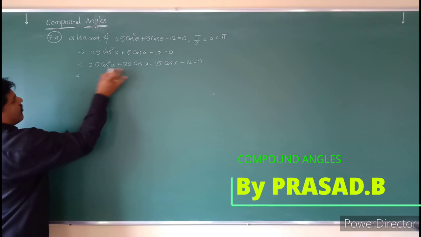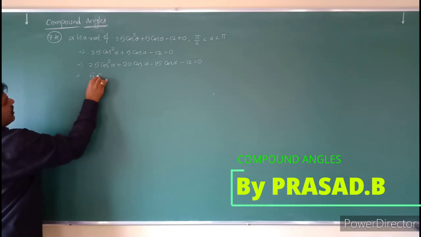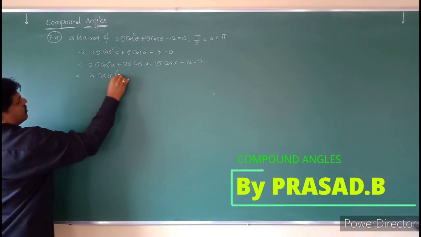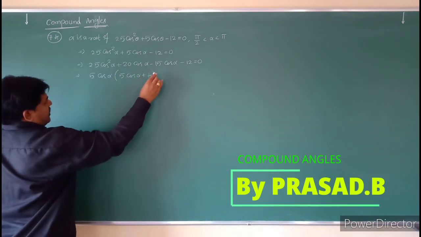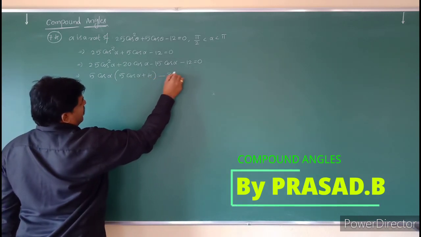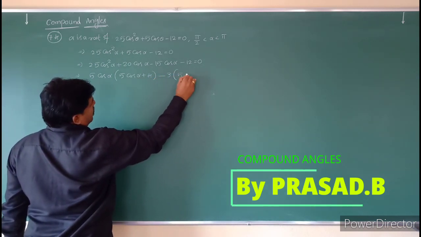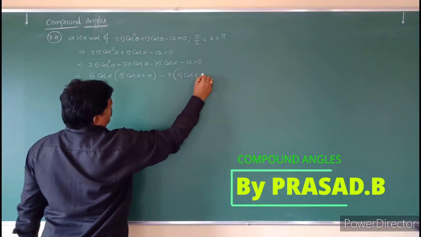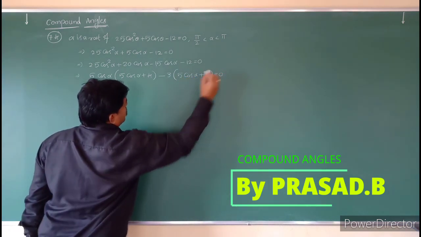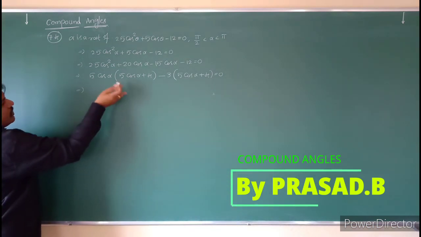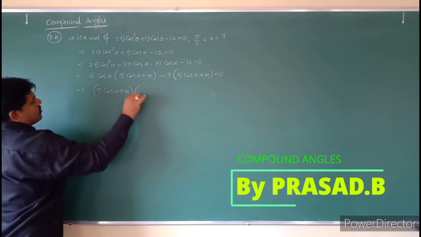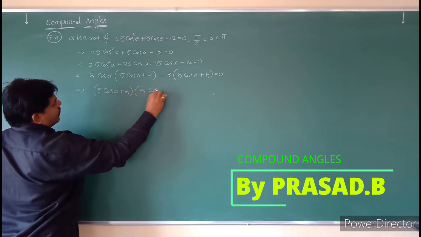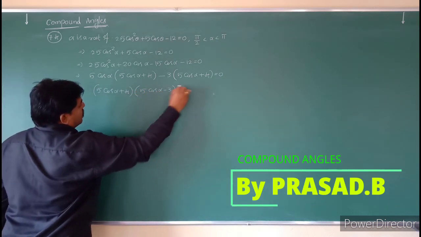From the first two terms I will take 5 cos alpha as common, giving 5 cos alpha plus 4, and from the last two terms I will take minus 3 as common, giving 5 cos alpha plus 4. Then 5 cos alpha plus 4 is common, so that is 5 cos alpha minus 3 is equal to 0.